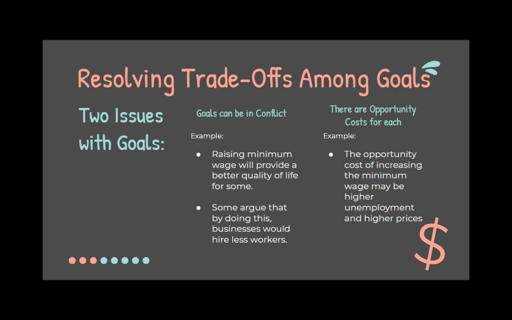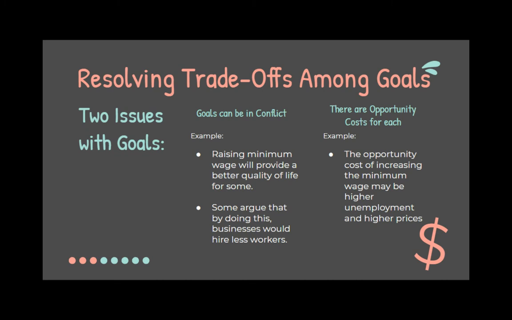Okay, so some problems with that are trade-offs and opportunity costs, which are two things we talked about in the first chapter, and two things that you're going to need to know for the test. There's always trade-offs and opportunity costs. So a trade-off would be, if you raise the minimum wage, you will provide a better quality of life for some.